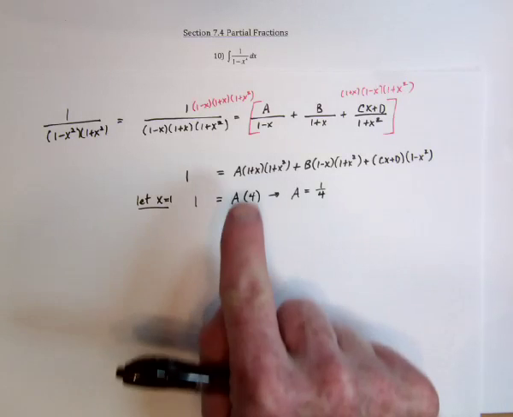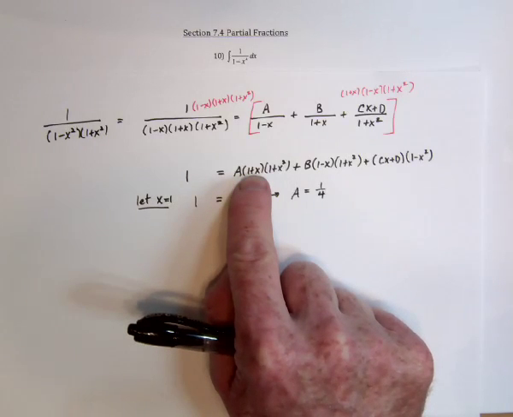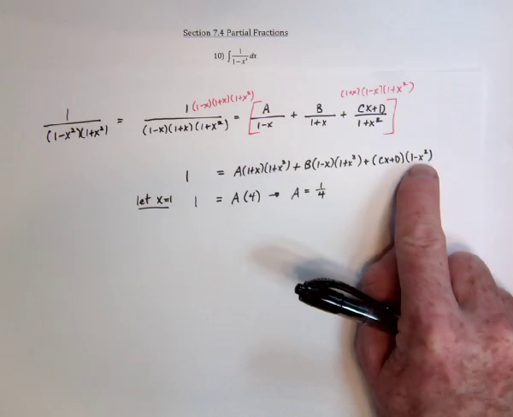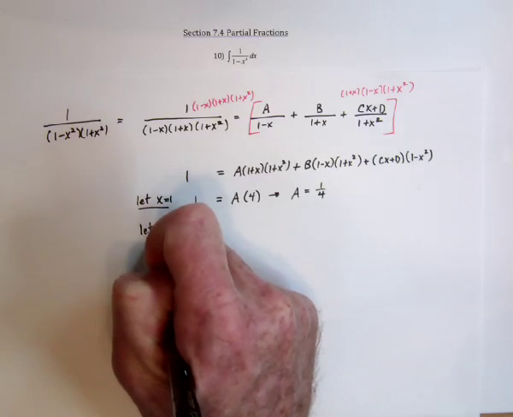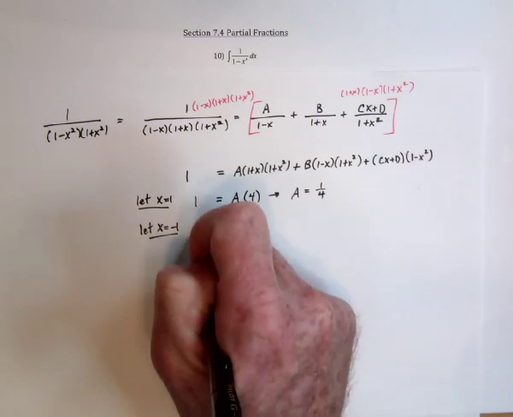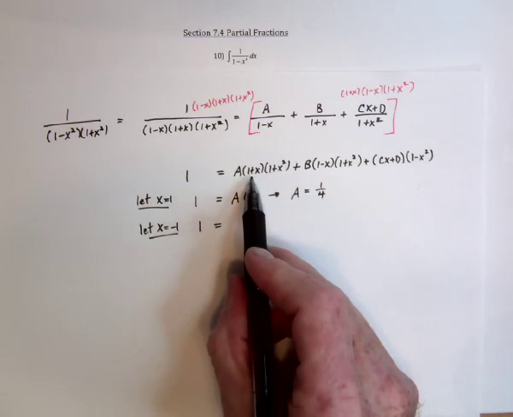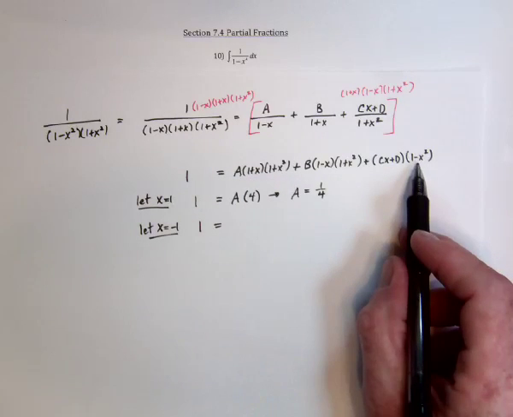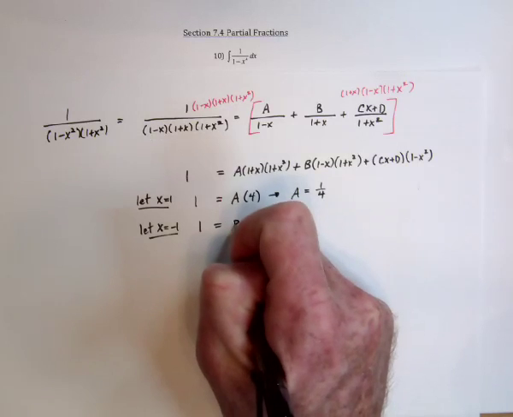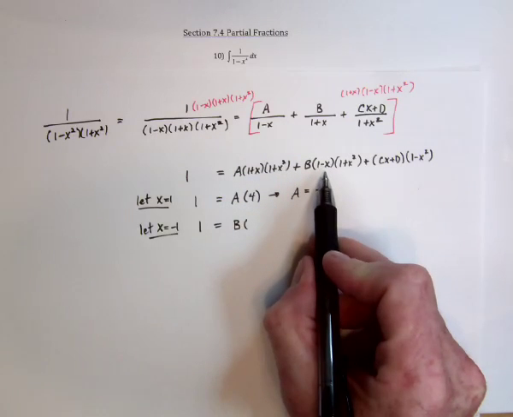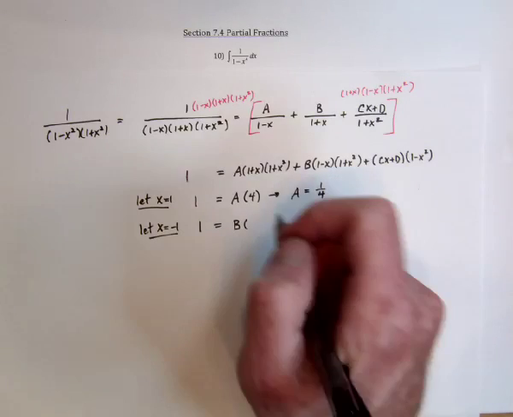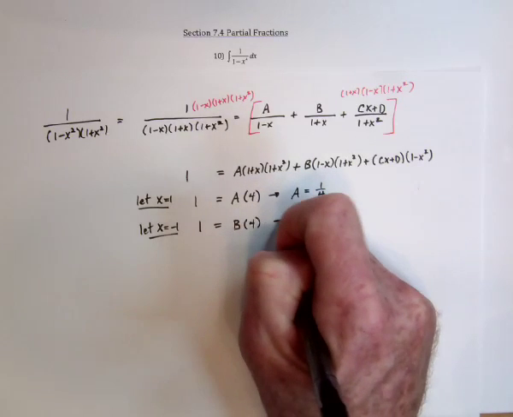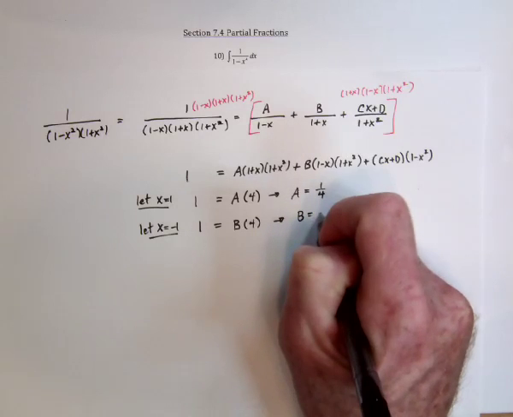For example, if we use x equal -1, then this term will cancel and this term will cancel, and then we can solve for b. So x equals -1, this one's cancelled, this one's cancelled. We would then have b times, if x is -1, this becomes 2 and 2. So the b is also 1/4.